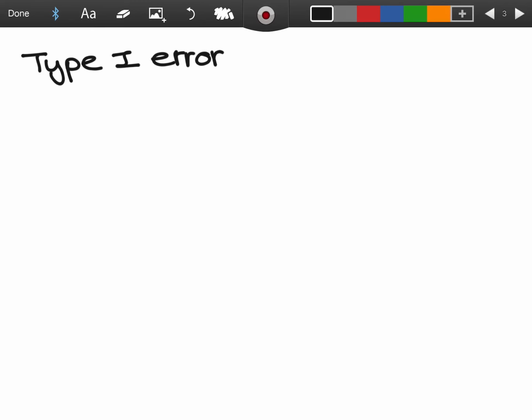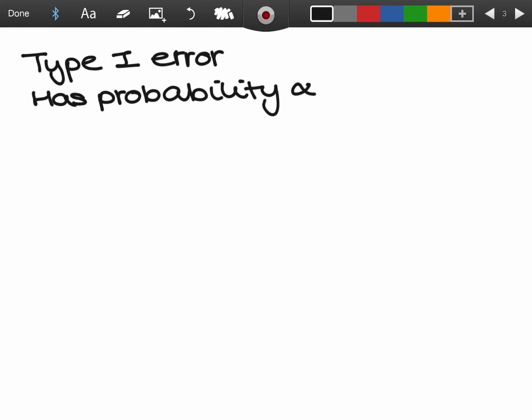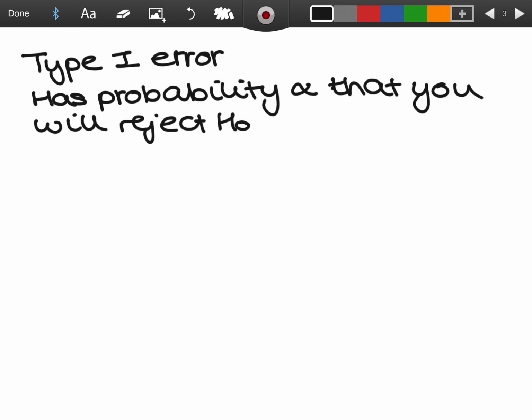What this tells you is the probability that you will reject H0 when in fact it was correct. So a type 1 error has a probability, we'll call it alpha, that you will reject the null hypothesis when in fact it was correct.